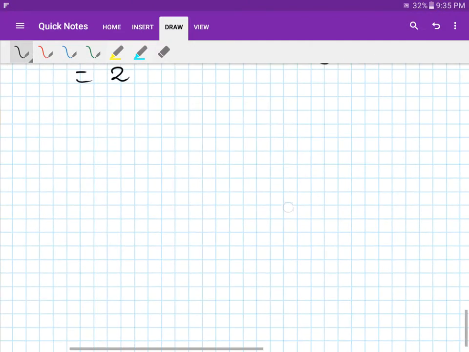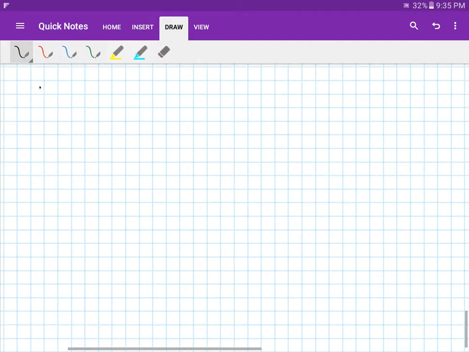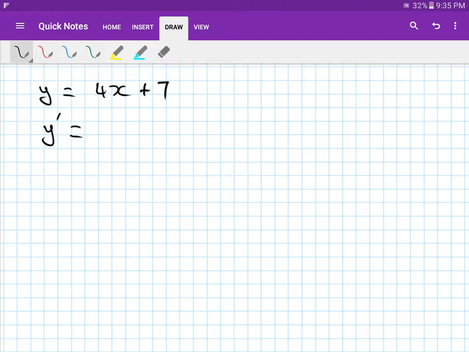Okay, so let's do a couple more. Let's say y is equal to 4x plus 7. Now dy/dx I can write as y dash. It's the same thing as the differentiation of y with respect to x. So 1 times 4 is 4, and 1 minus 1 is 0.